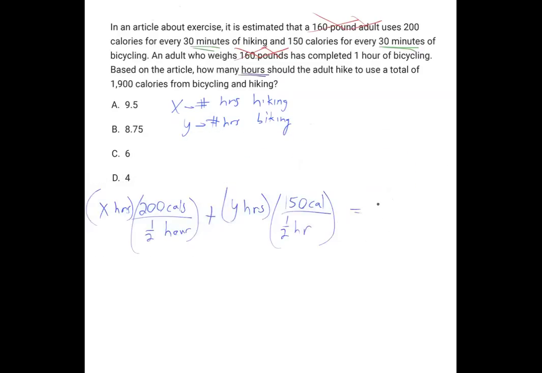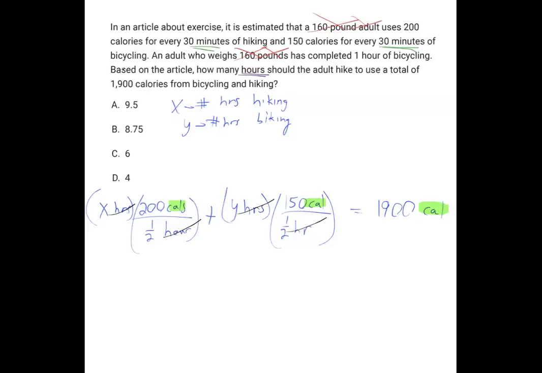So this is going to be set equal to 1,900 calories. Now dealing with some of the units. The hours are canceling with hours here and here, leaving us with calories as our only unit. So we know we're doing something right because we've got only one unit. In other words, everything matches up.